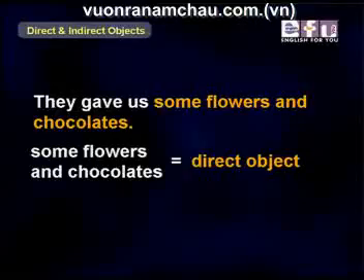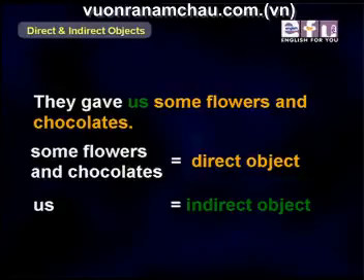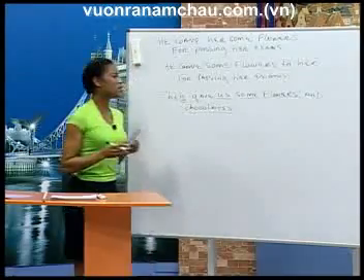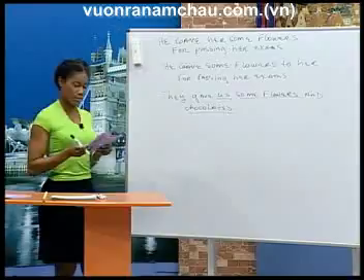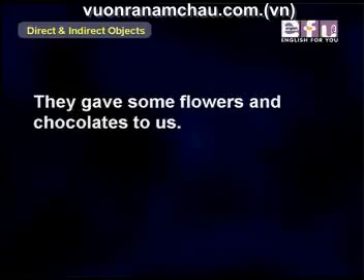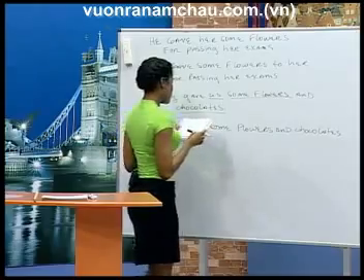The direct objects are some flowers and chocolates, the indirect object is us. Okay, and how can you write the sentence a different way? They gave some flowers and chocolates to us. All right, very good.